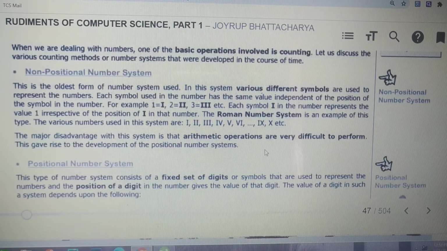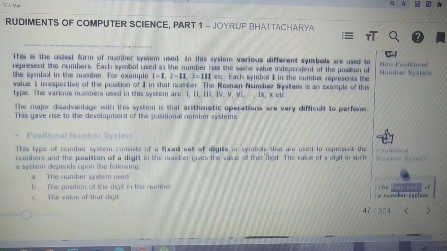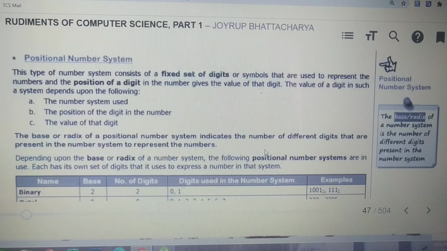So this is how a non-positional number system works. What is the major disadvantage of this? The major disadvantage of this number system is that arithmetic operations are very difficult to perform. From this disadvantage we come to the next topic, that is the positional number system.